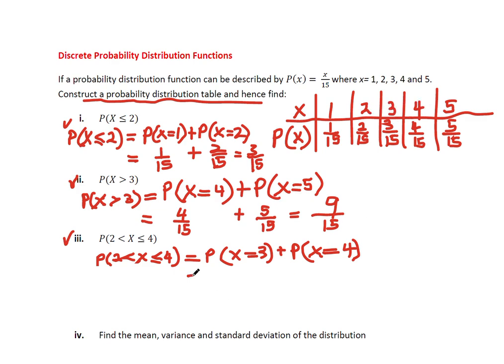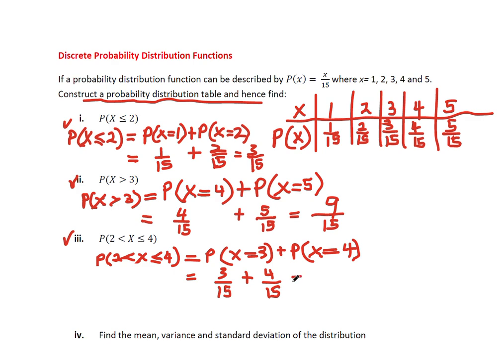So what we want is the probability associated with 3, which is 3 out of 15 here, plus the probability associated with 4, which would be 4 out of 15.